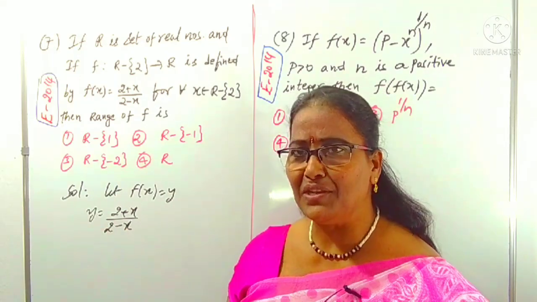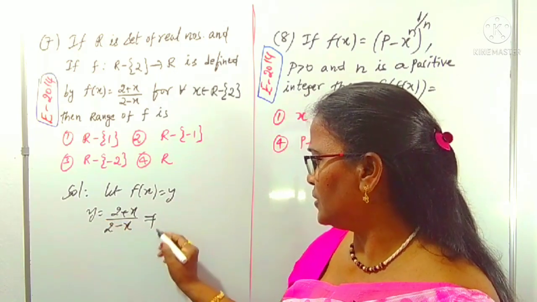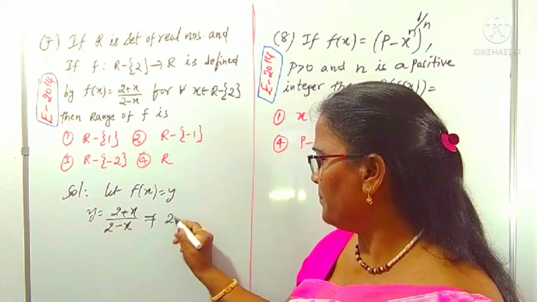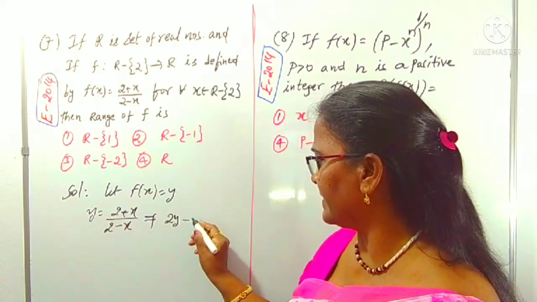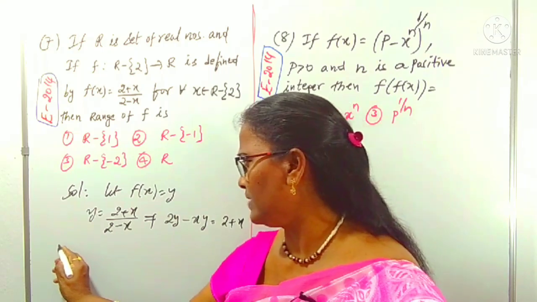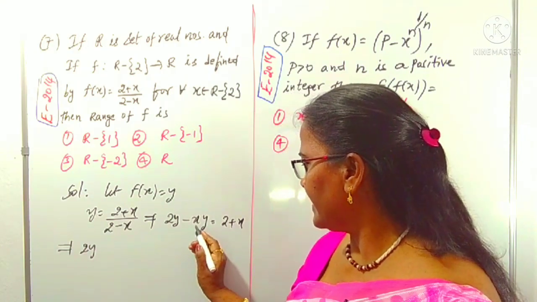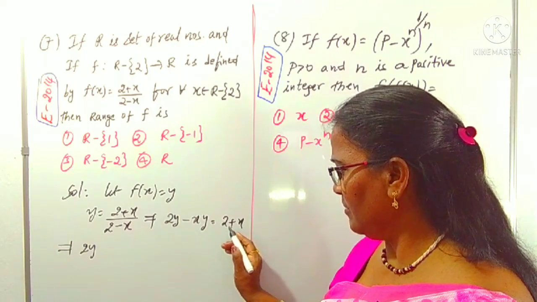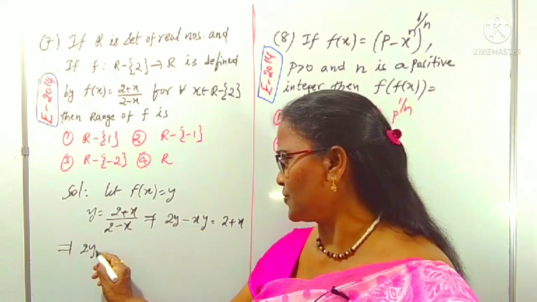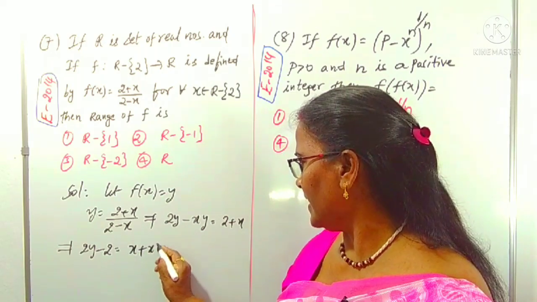To find the set of values of y, we take the cross multiplication: 2y minus xy is equal to 2 plus x. Whatever x terms there are, we take them to the right side; here 2y is on the left side, and by taking minus xy to the right side it becomes plus xy, and plus 2 on the left side becomes minus 2. Minus 2 is equal to x plus xy, right.